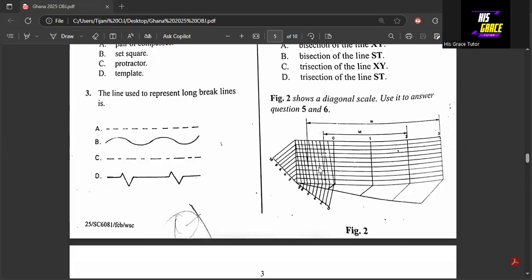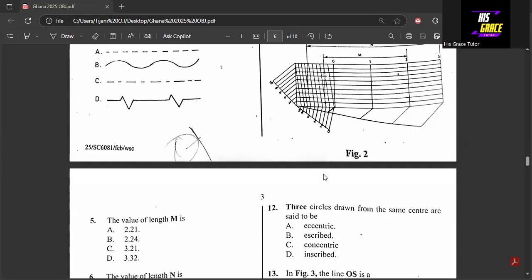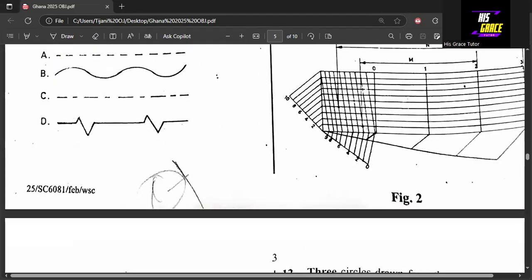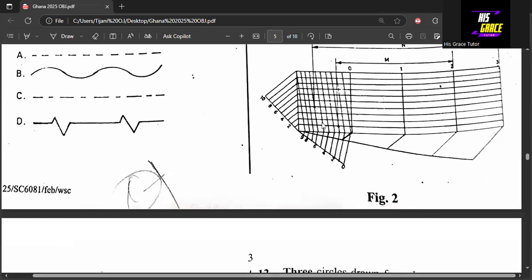Then we have to use this diagram to answer question 5 and 6. So for question 5, the value of length M is, so I need to do something here so that we can be able to read the dimension. So for length M, this is 2. This type of scale is known as diagonal scale, which we use to read a maximum of 3 measurements.